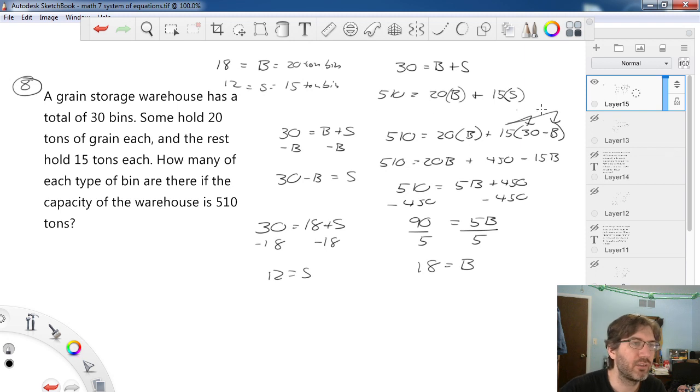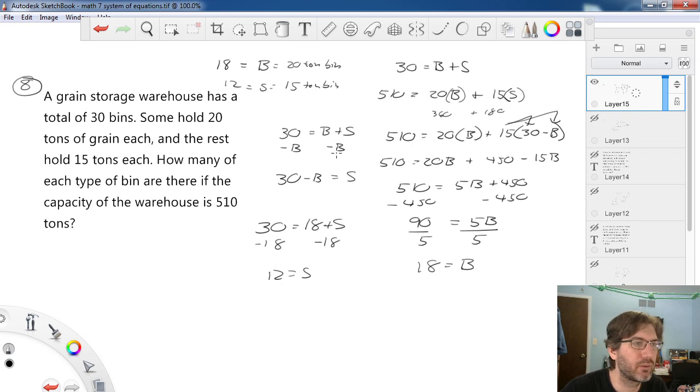And let's plug them in over here and double check to make sure it makes sense over here. So 20 times b, which was 18, gives us 360. And then 15 times s, which is 12, so 15 times 12 gives us a 180. And a 180 plus a 360 gives us a 540.